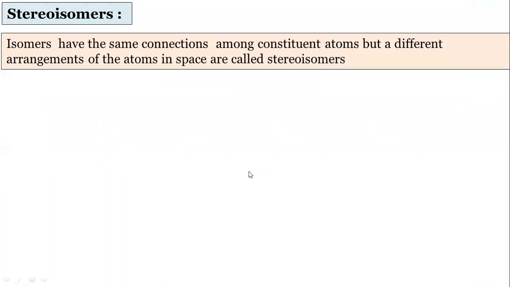So first one is stereoisomers. What are stereoisomers? I will explain first. Stereoisomers have the same connections among the constituent atoms. So this word is very important. These isomers have the same connections among the constituent atoms, but in space, their arrangement is different.